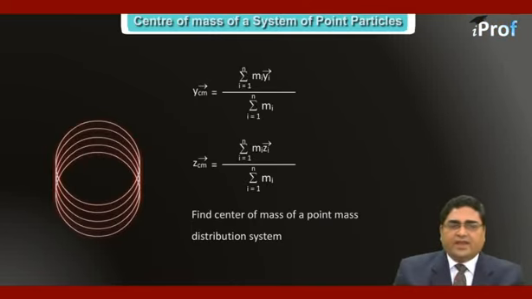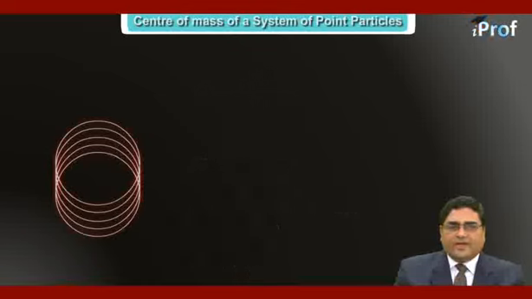Suppose we have to find the center of mass for a continuous mass distribution system. We have to select a point mass in the continuous mass body. Then x_CM can be obtained as integration x dm upon integration dm, where x is the position of the chosen element as a point mass with respect to the reference point.